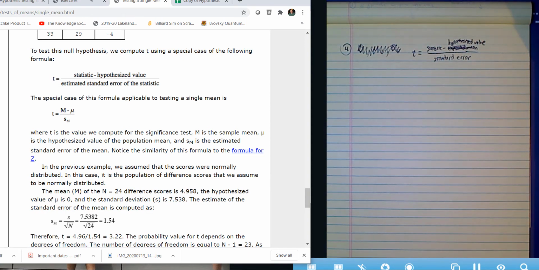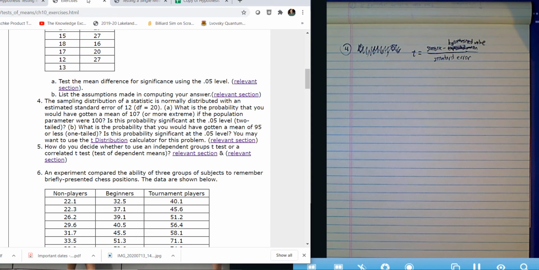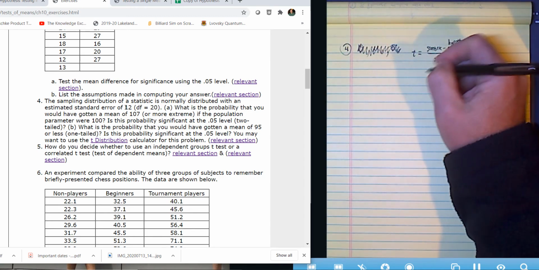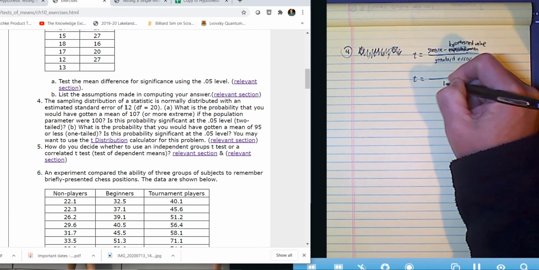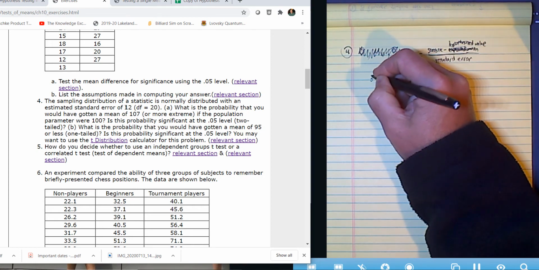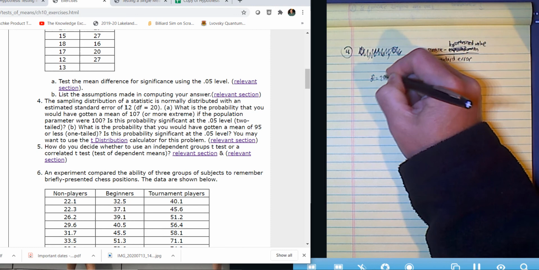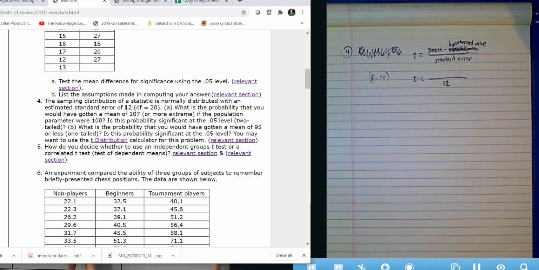Okay, so here we go. It says in problem 4 that some statistic is normally distributed with an estimated standard error of 12. So they gave me the denominator. So basically what I know right now about number 4 is that the denominator is 12. They also told me that the degrees of freedom is 20. That comes into play. Do we know what the statistic is?